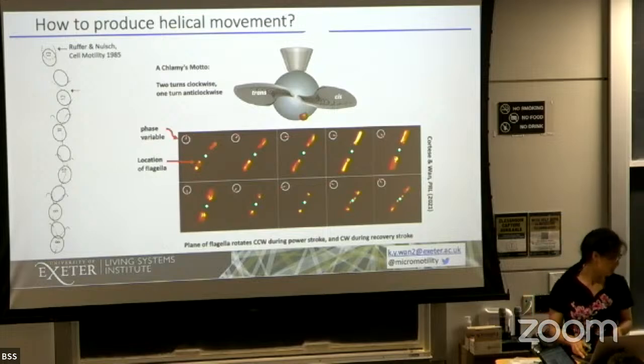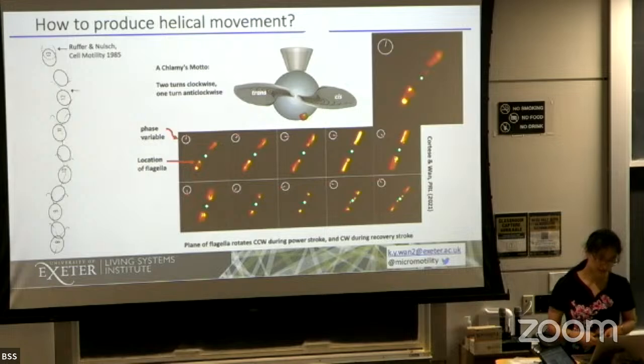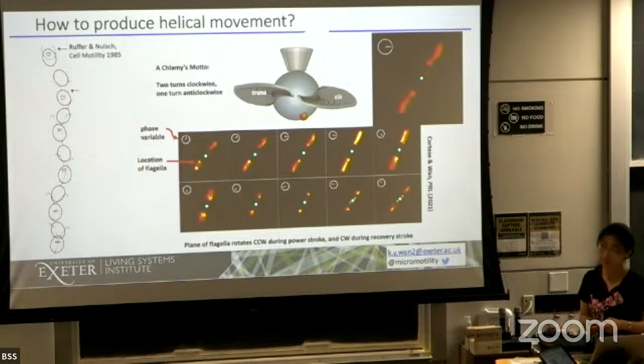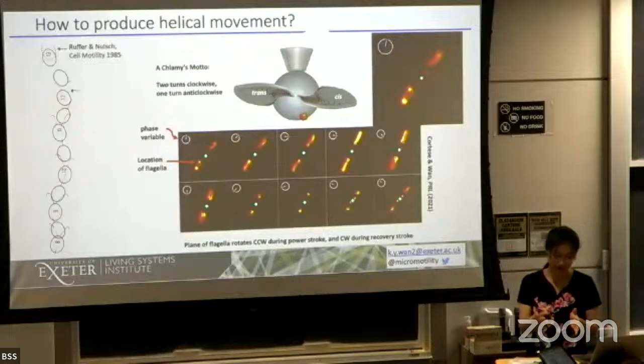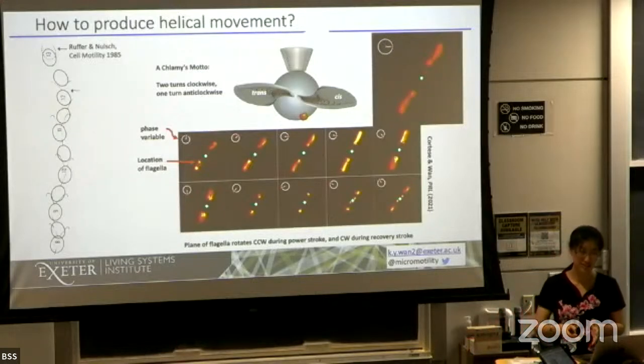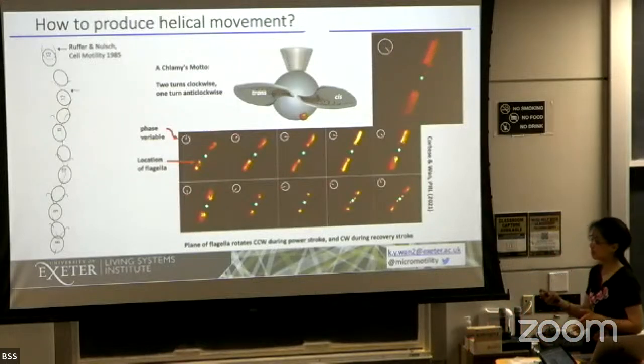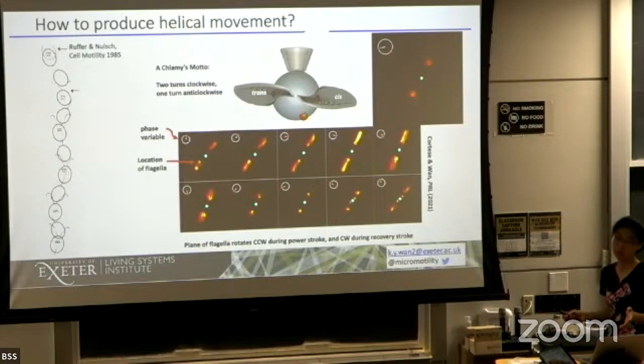If you do these experiments, you find that if you localize the positions of the flagella pair over the course of the beat cycle, and bin these positions according to the phase during the cycle, which we know by the periodic extension and contraction.